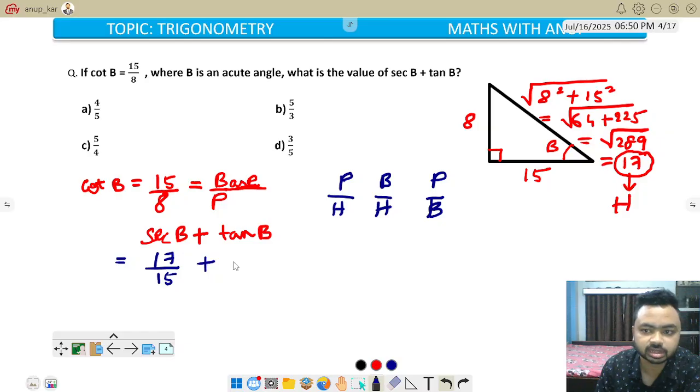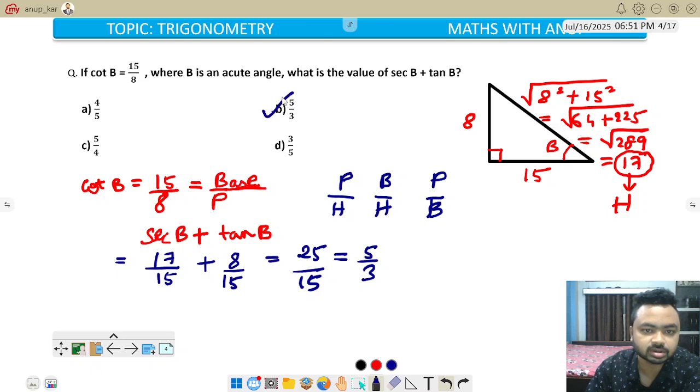So it will be 17 by 15 plus 8 by 15, which is 25 by 15, which is nothing but 5 by 3. So my option B is the correct one. I hope it is clear. Let's proceed to the next question.